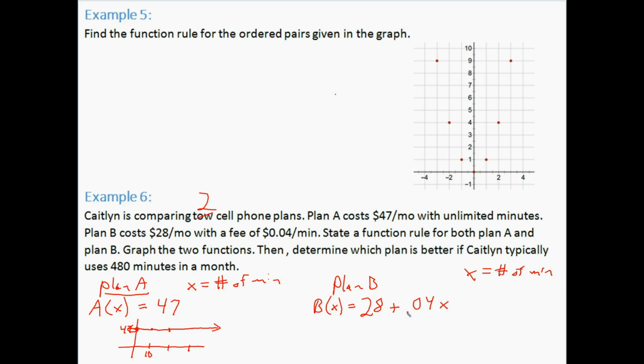So this one's a little different in our graph. If Caitlin uses 0 minutes, she's going to spend $28. If she uses 10 minutes, I'm still going to count by 10 just so we see this. 10 times 0.04 is 40 cents. So at 10 minutes, we're going to be at $28.40. So up a little bit from there.